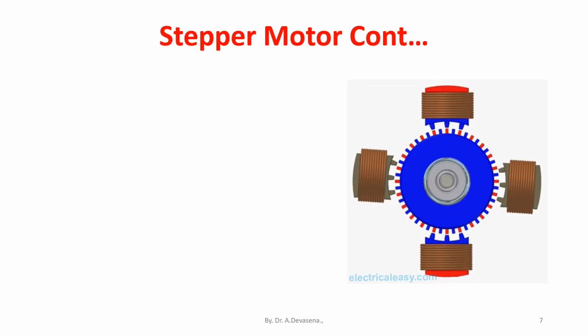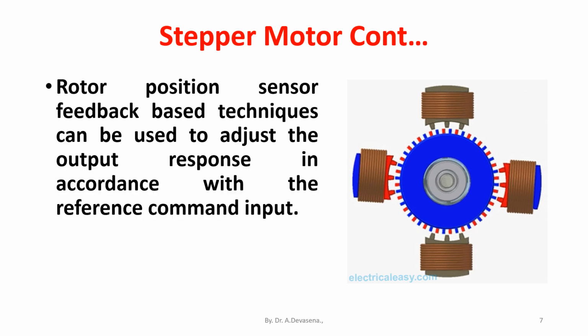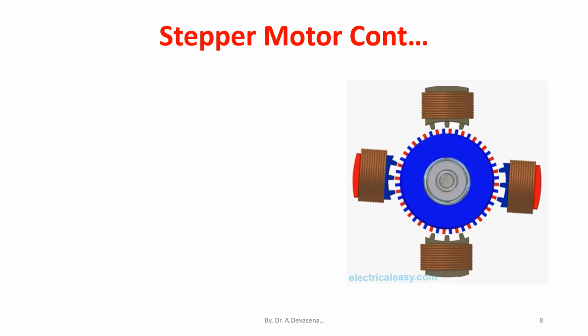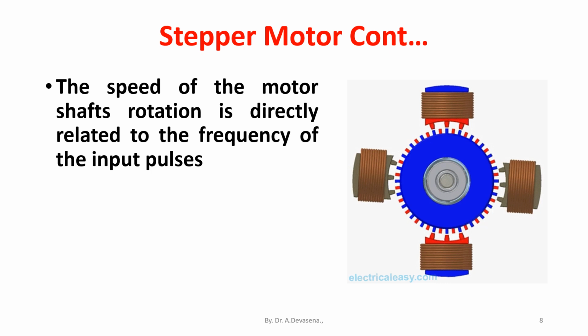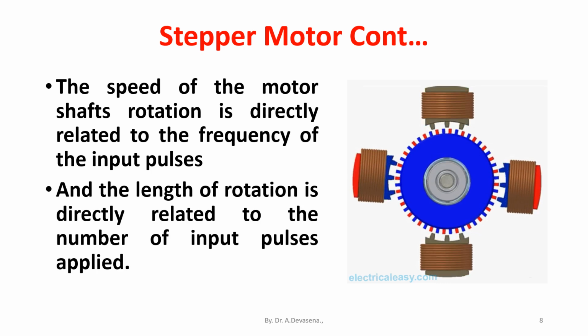Rotor position sensor or sensorless feedback based techniques can be used to adjust the output response in accordance with the reference command input. The speed of the motor shaft's rotation is directly related to the frequency of the input pulses, and the length of rotation is directly related to the number of input pulses applied.